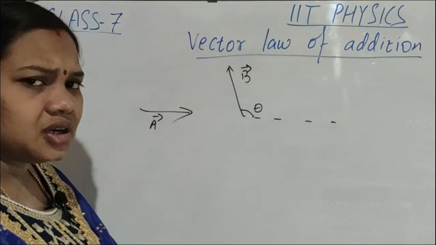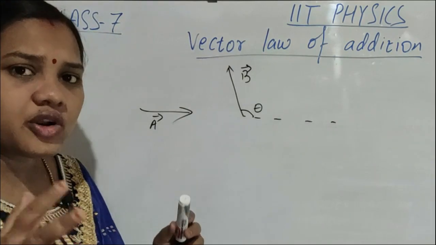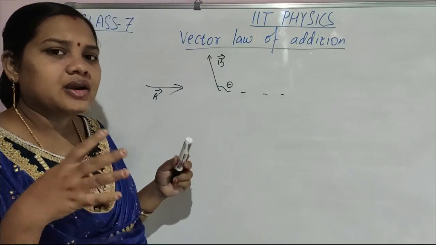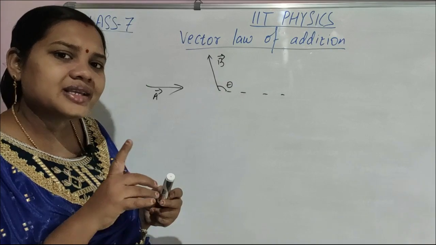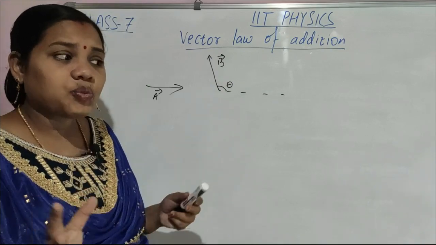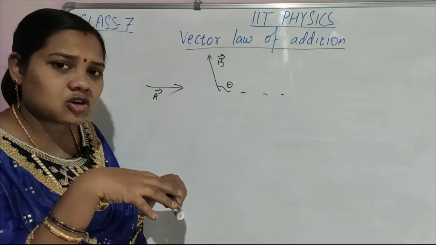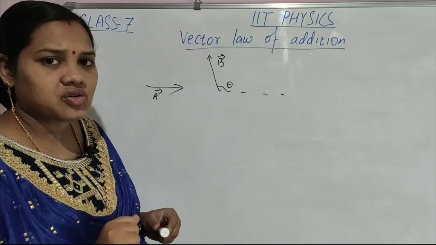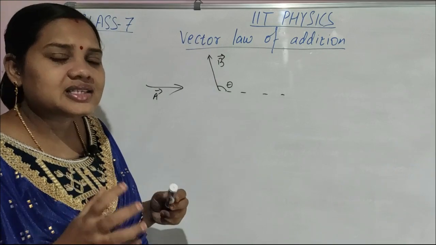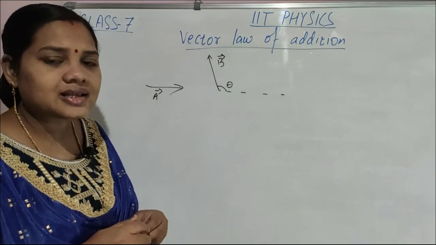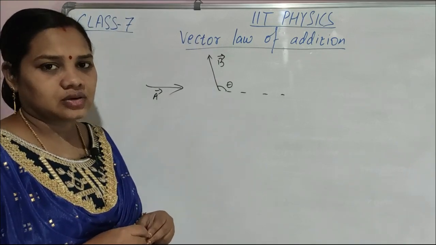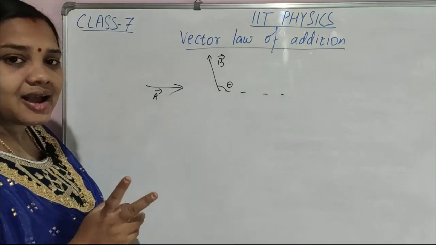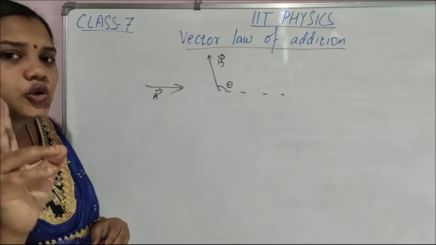We know that when two or more vectors act on a single point, they combine and form a single vector. Suppose two or more forces act on the same point, they combine and form a single force, a single vector. This process is known as vector addition. Clear?